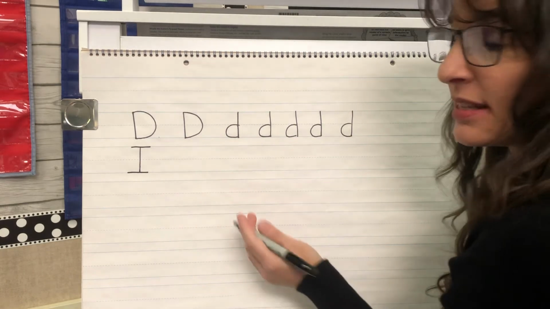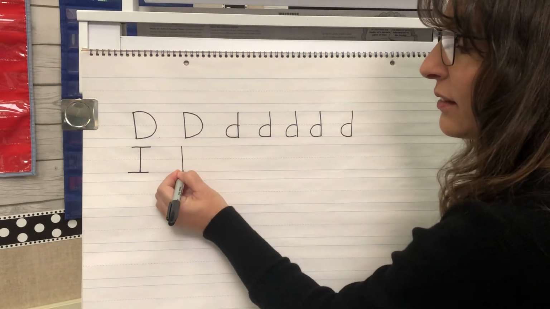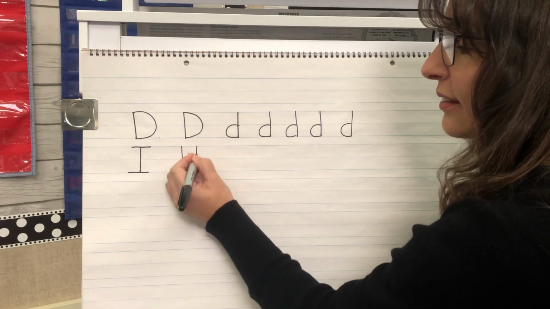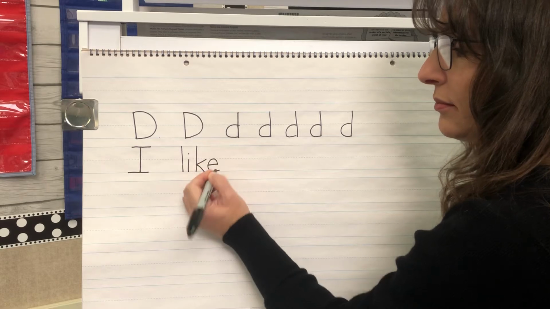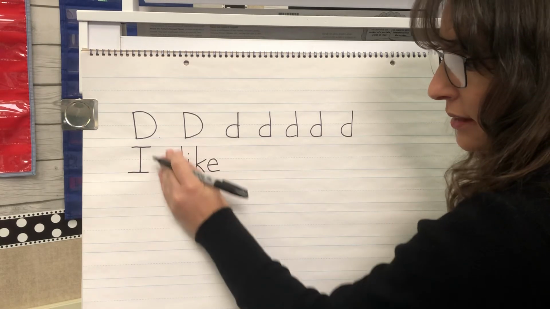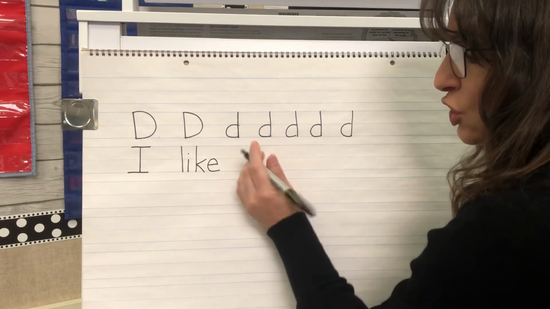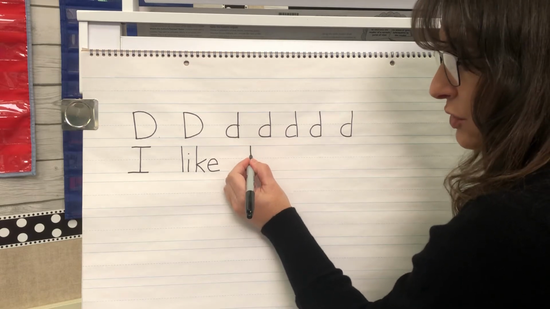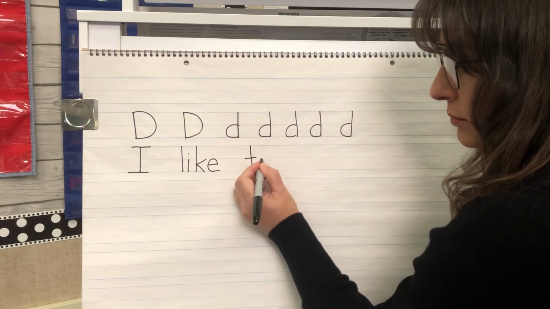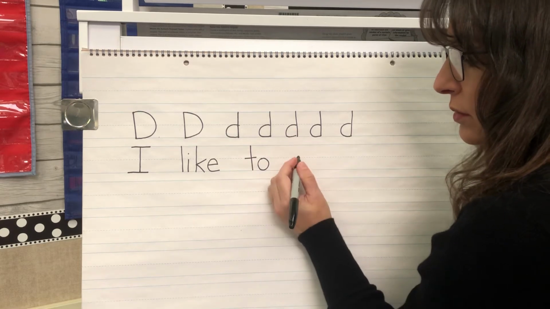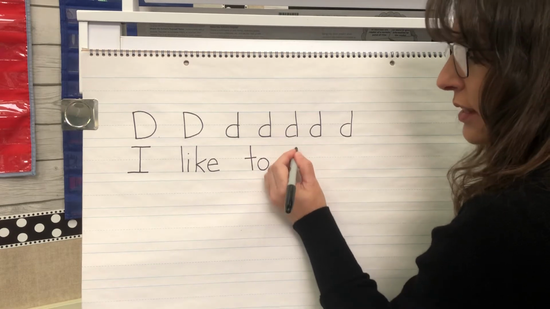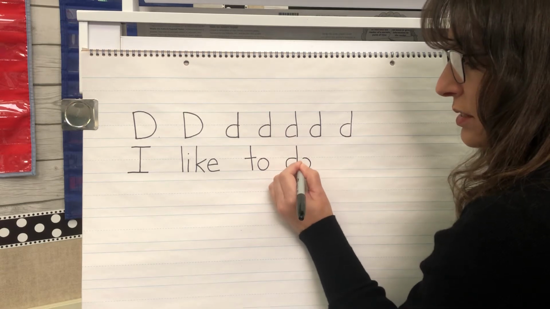Like, now that's been a sight word before. L-I-K-E. I space, like, space, to. That's one of our sight words. To, space, do. C first, and then the line, D-O is do.